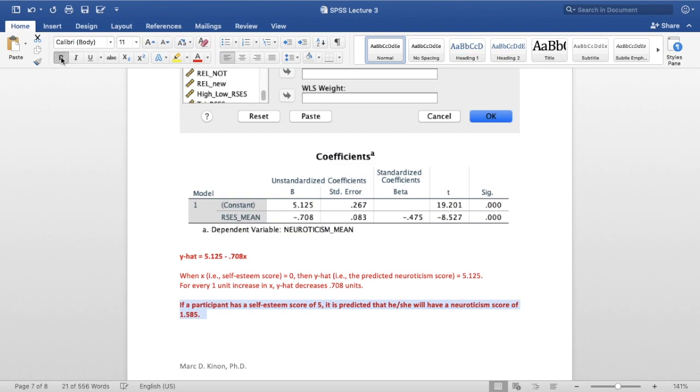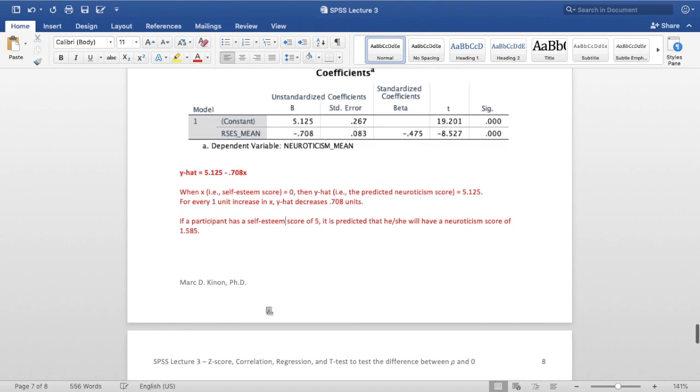For example, if a participant has a self-esteem score of 5, you could just substitute 5 for X. It is predicted that he or she will have a neuroticism score of 1.585. So literally, 0.708 multiplied by 5, and then subtract that from 5.125, and you should get 1.585.